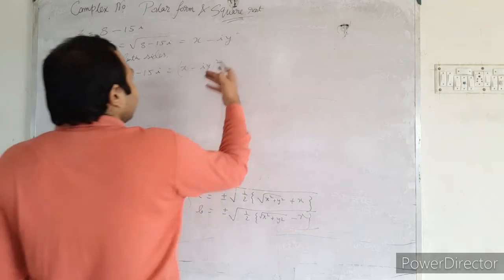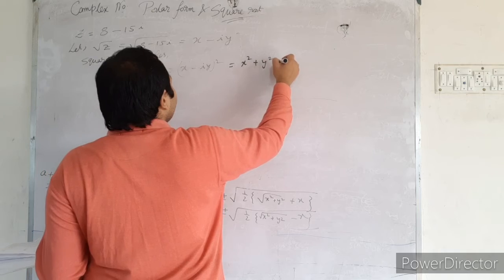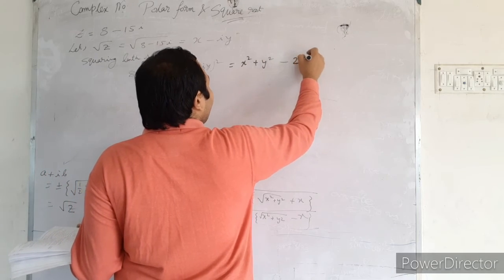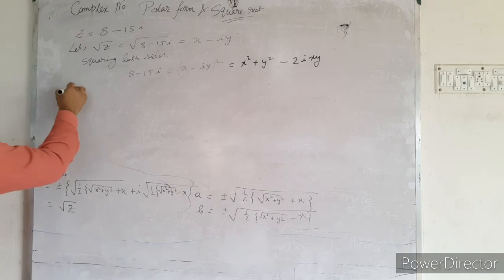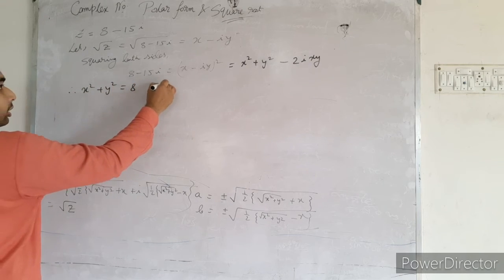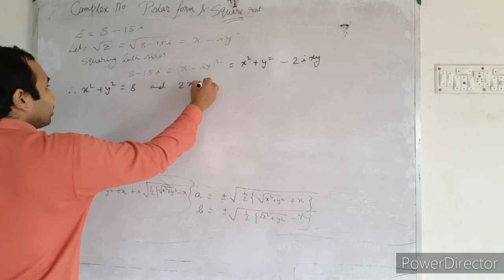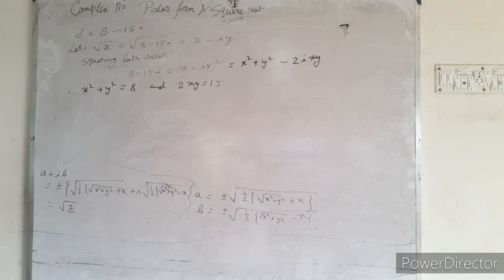If you expand this, it will be x square minus y square minus 2i xy. So here x square minus y square equals 8 and 2xy equals 15. Same as the theoretical part we have shown previously, with the same direction we will go here.